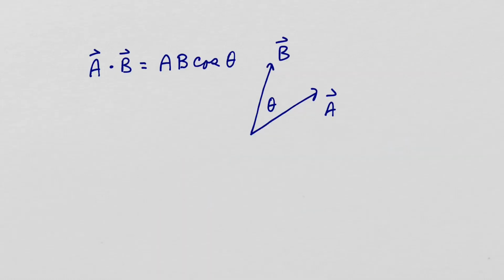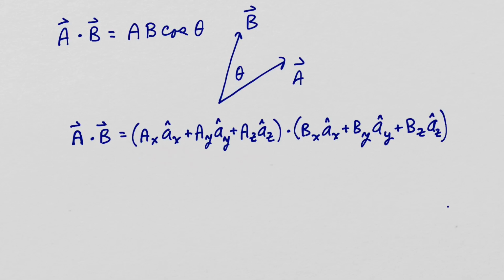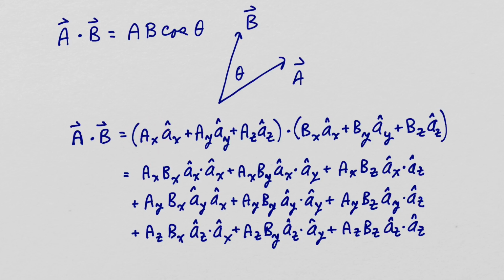With what we know about the dot product between unit vectors, let's look at the dot product when we have the vectors in component form. Distributing this, this term dotted with this term is Ax Bx, a sub x dot aX. This term times this one is Ax times By, and then an aX dot aY, and so forth to get these 9 terms.